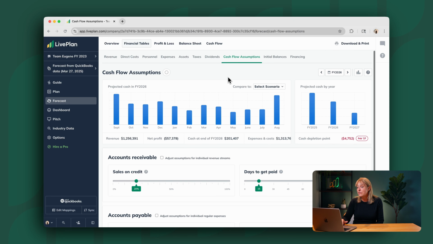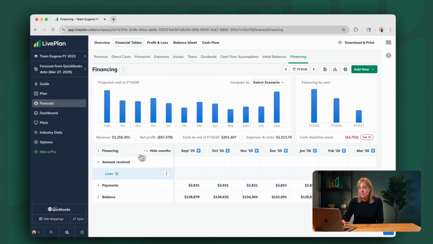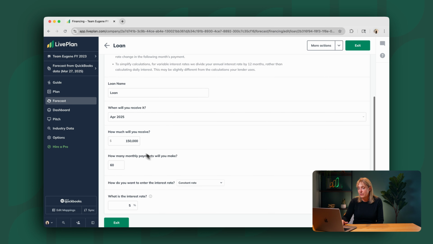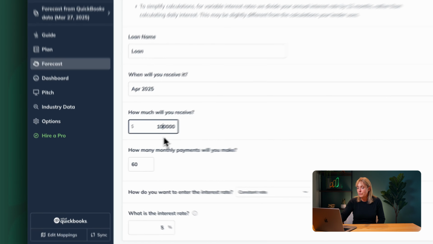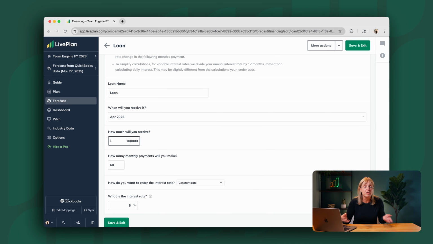So I'm gonna go into my financing now and I'm gonna change my loan. And instead of $150,000, I'm gonna get $100,000. So now I've saved myself interest on $50,000 just by understanding and then playing around with those assumptions. And the last step to this is going to be, can you really implement it? Once you're done doing all the analysis, now it's time to actually get it done.